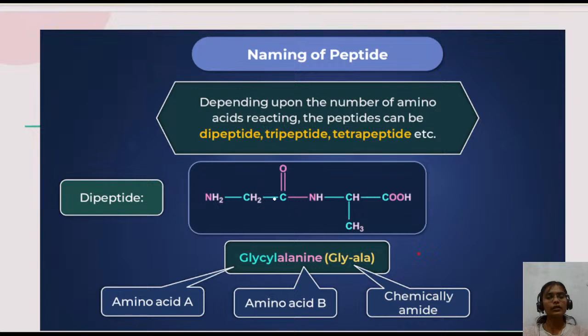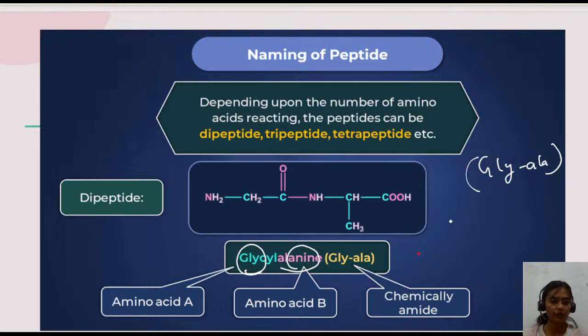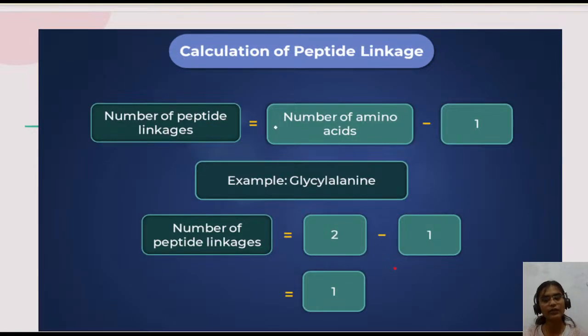The representation: G for glycine, A for alanine, so the short form becomes Gly-Ala, meaning one glycine molecule combined with one alanine. It can be a dipeptide, tripeptide, tetrapeptide, polypeptide, like 1, 2, 3, 4, up to so many amino acids combined. Amino acids combine to form a peptide, peptides combine to form a polypeptide, and polypeptides combine to form a protein. This is how the sequence goes.